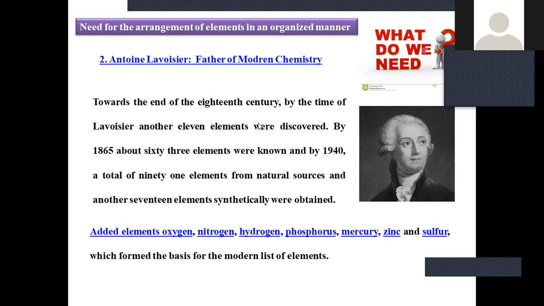By 1865, about 63 elements were known to us. By 1940, a total of 91 elements were known from natural sources, and another 17 elements were synthesized in the laboratory.